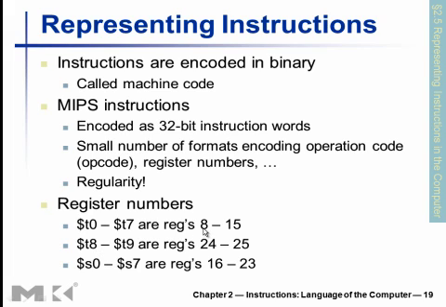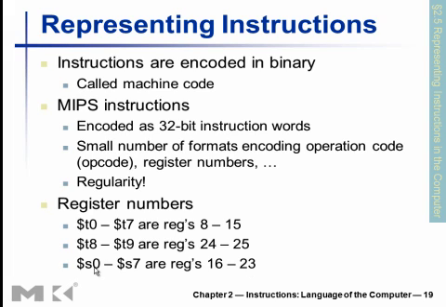Register numbers 8 to 15 represent $t0 to $t7, and t stands for temporary storage. $t8 and $t9 are registers 24 and 25, so altogether you have 10 temporary registers. Then $s0 to $s7 are registers 16 to 23. s stands for saved.